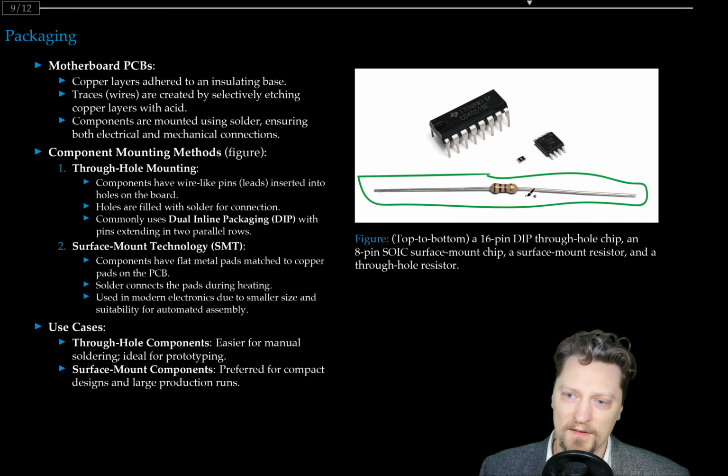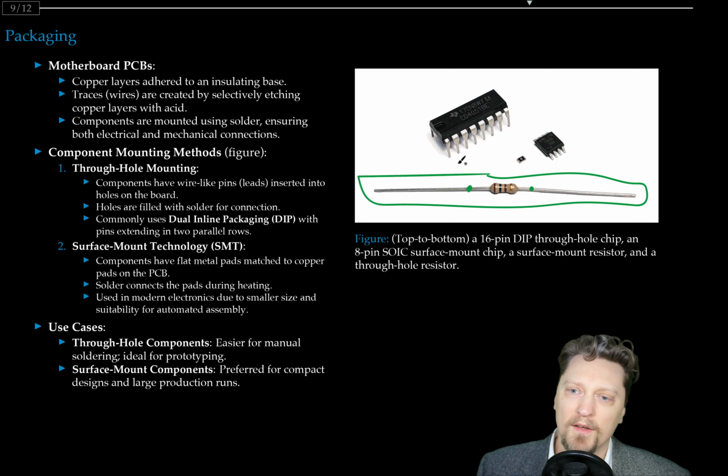We see these leads, and we would often trim off a large part of the lead and then solder each end to the board. So maybe here and here, solder to a printed circuit board.